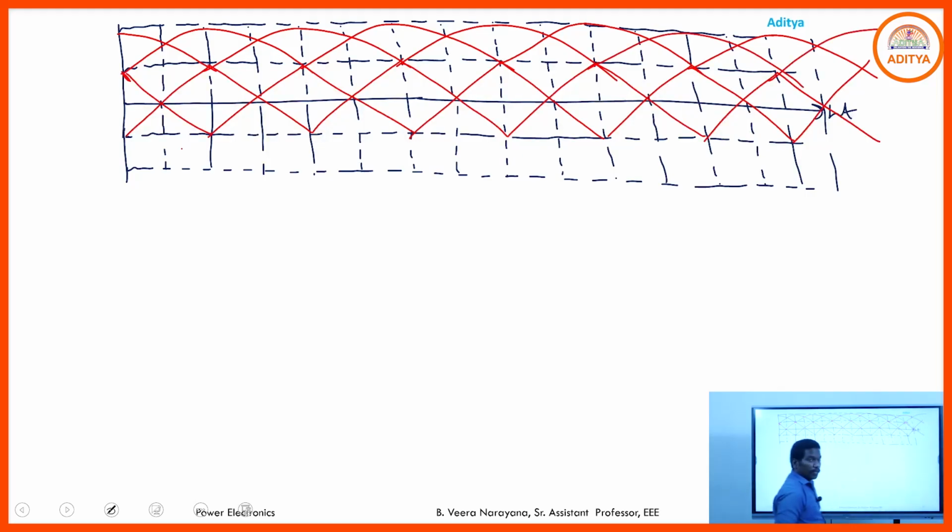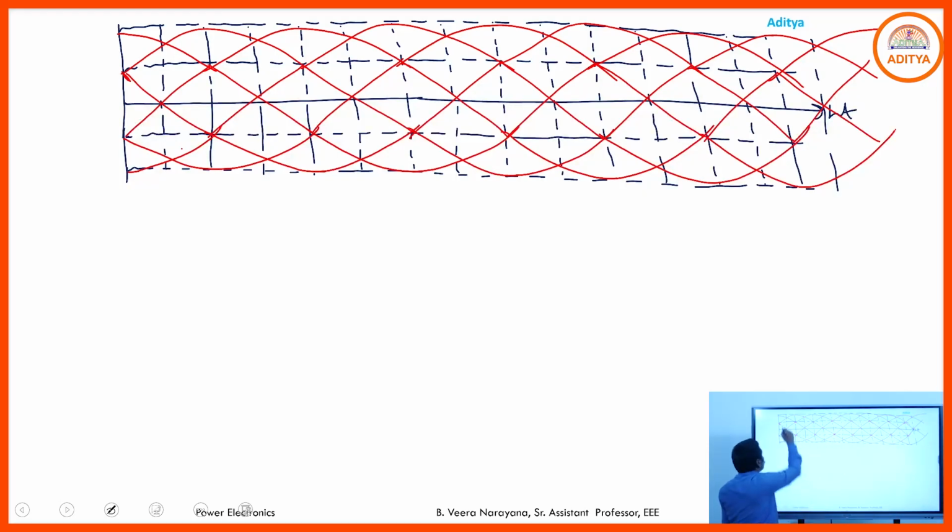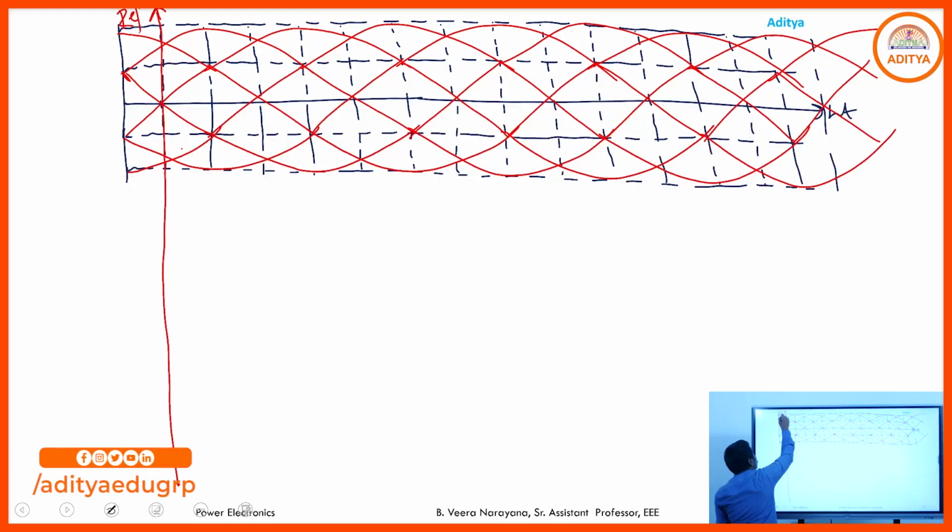The bottom side also, alternate peaks. And from this you take the reference. Here it is the reference. You take 0 from this onwards. You ignore that first 30 degrees part, and here onwards you take the reference 0.